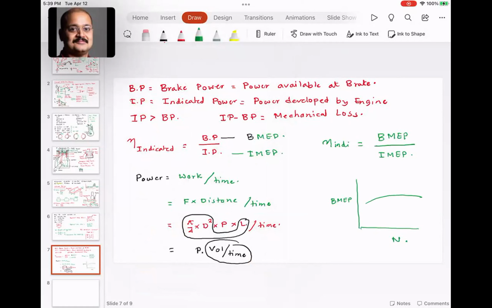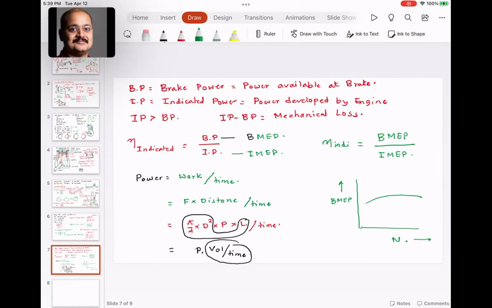We can put the engine on the dyno and we can measure the power and we can find out brake mean effective pressure. But for the piston and cylinder design, what we are really interested in is the indicated mean effective pressure. So using the efficiency equation, once we know the brake mean effective pressure, we can find indicated mean effective pressure.